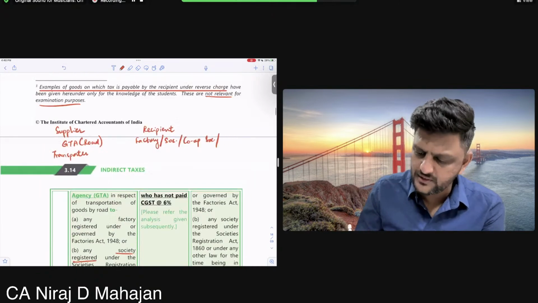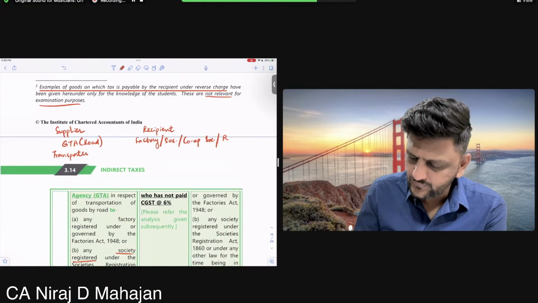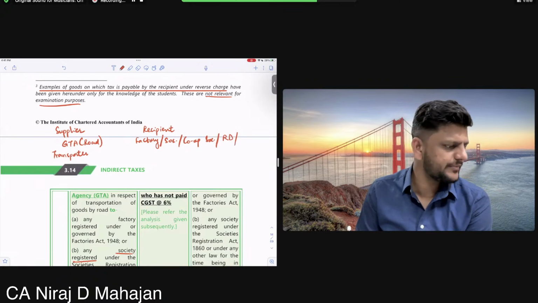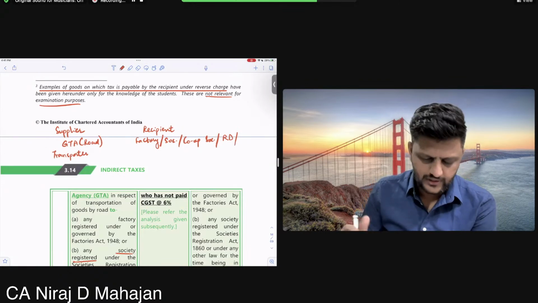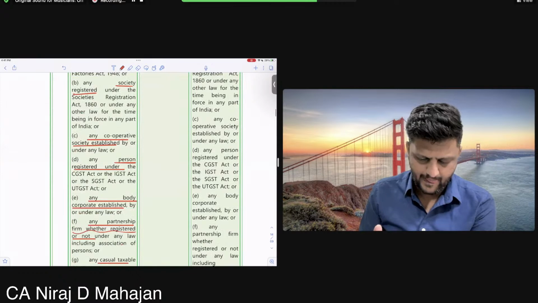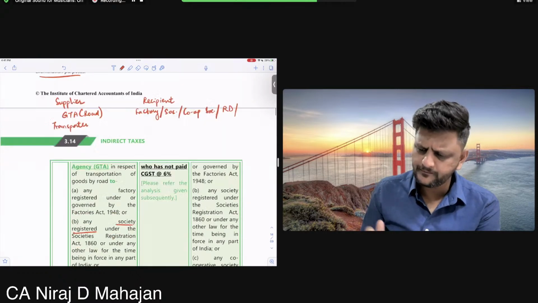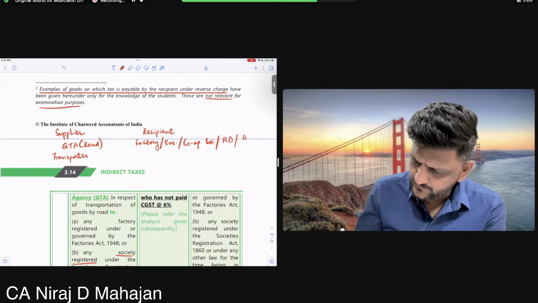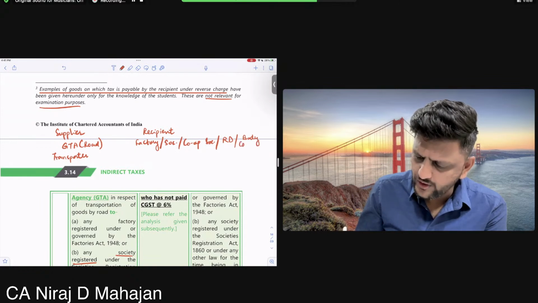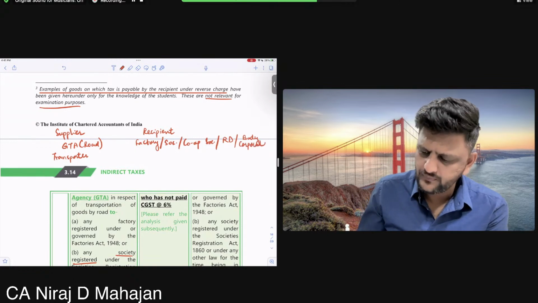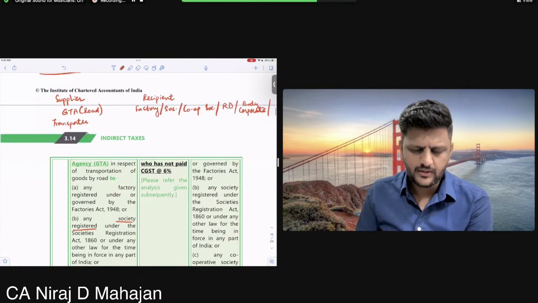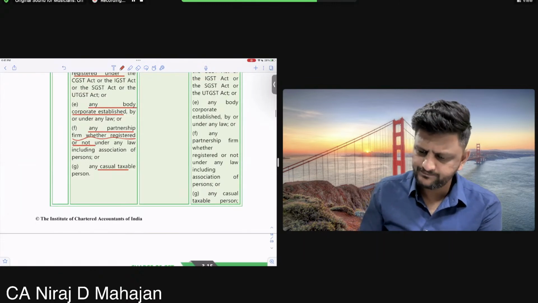Then registered person. RD means what? Registered dealer. Okay, RD for our short form is registered dealer. Any kind of body corporate. This body corporate will include company, no? Then partnership firm.